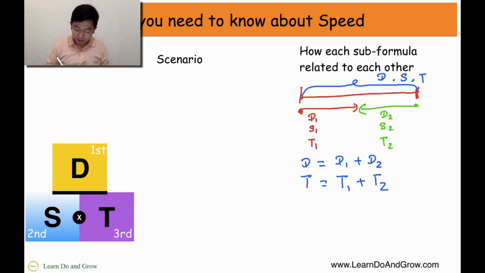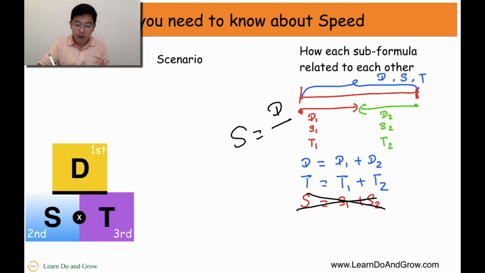What about s? Can I say s equals s1 plus s2? The answer is no. You cannot add up the speeds to find an average speed. In order to find an average speed, just now what did I tell you? Average speed is total distance divided by total time.